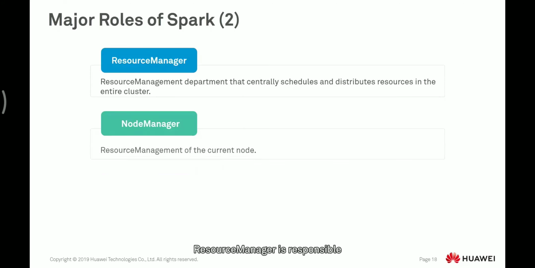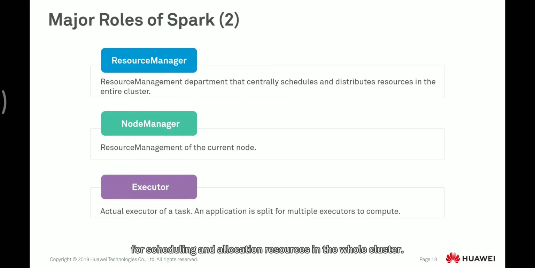Resource Manager is responsible for scheduling and allocation of resources in the whole cluster, and Node Manager is responsible for resource management of each node. Executor is the one that really does the tasks. An application will be split for multiple executors to compute.